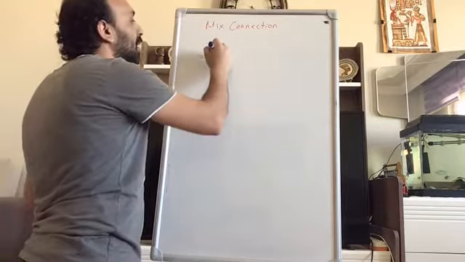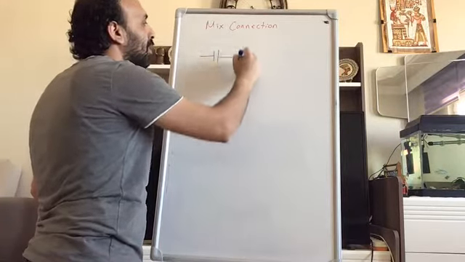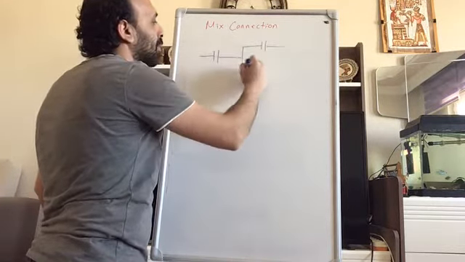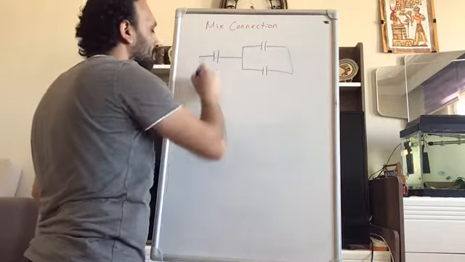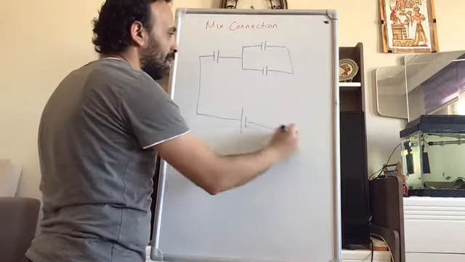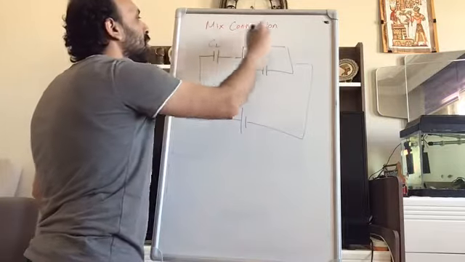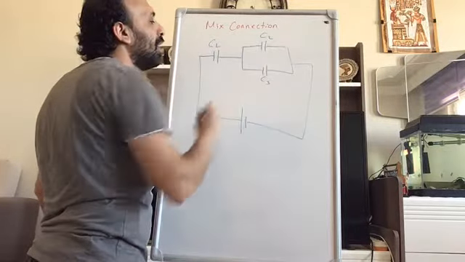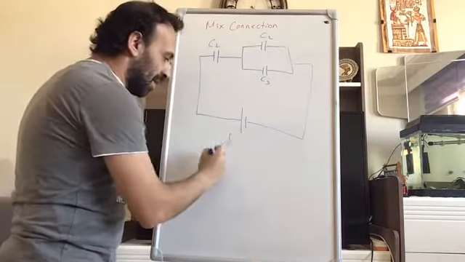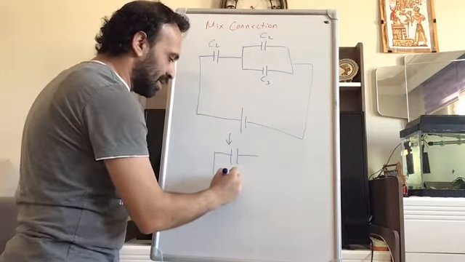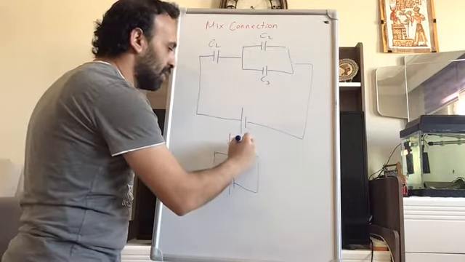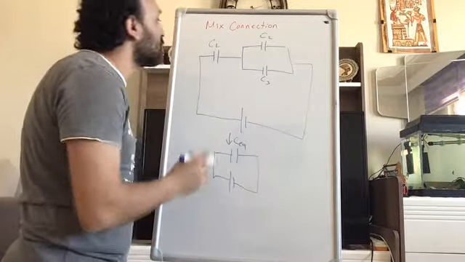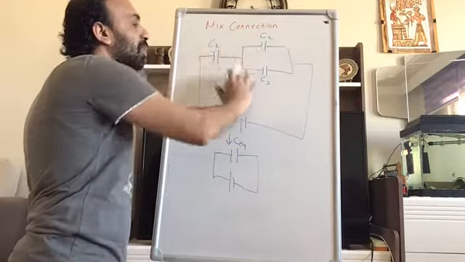For instance, if I give this, alright, this is C1, C2 and C3, and if I make a single capacitor system with the C equivalent, what is the C equivalent? Actually, you need to calculate the C equivalent part by part.